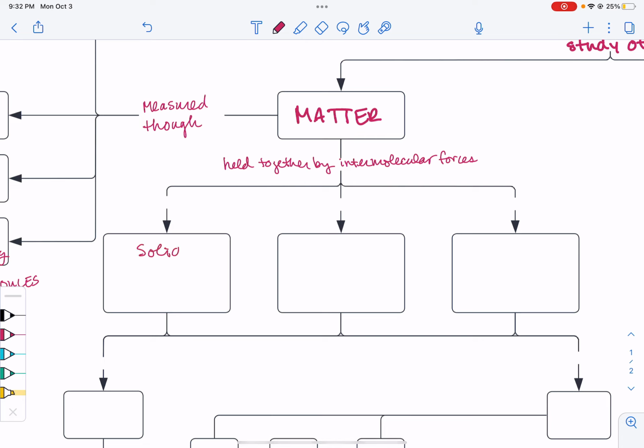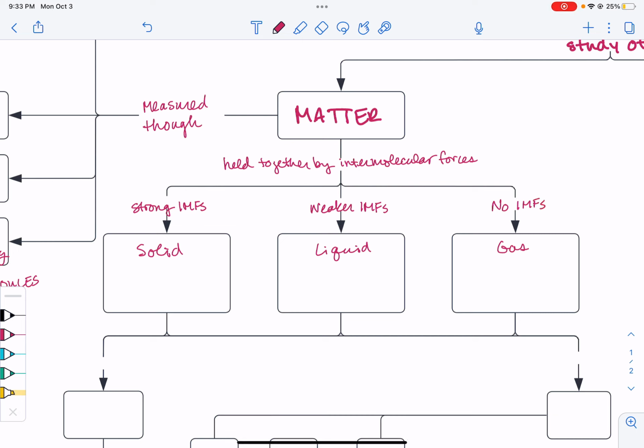So we have solid, liquid, and gas. Our solids are going to have very strong intermolecular forces. Our liquids will have weaker intermolecular forces. And gases, we assume, have no intermolecular forces.